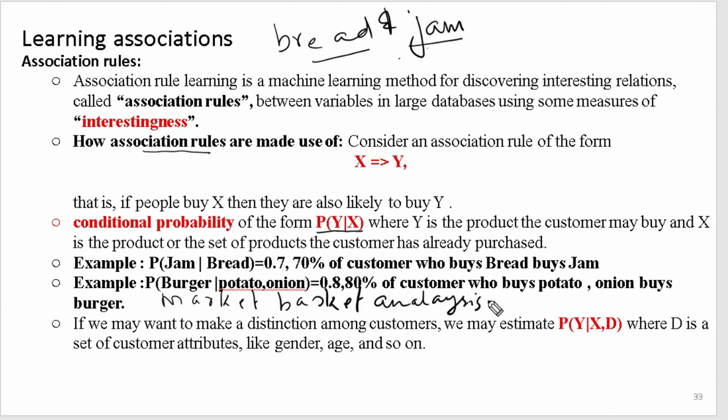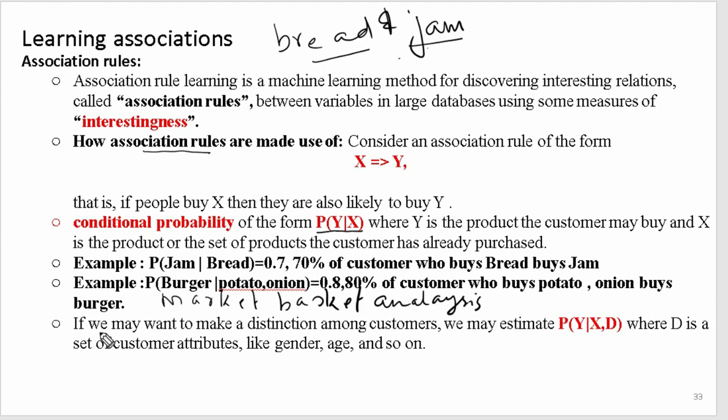If many customers buy bread and jam together, you can keep the bread and jam in proximity, or you can keep them far away from each other so that the customer can pick up other items along the way. So it will increase sales by helping the retailer to do selective marketing and plan their shelf space accordingly.